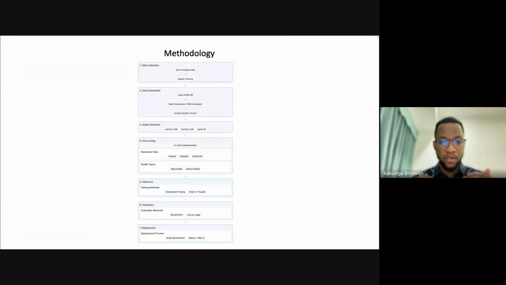So we go for the models that exist, which are the Llama 3.1 8B model, the Llama 3.2 1B model, and also the Gemma 2 2B model. So after we've selected our open source models, and of course these have different parameter sizes, it's to make sure that we can fully understand how the translation behaves across models of different parameters.